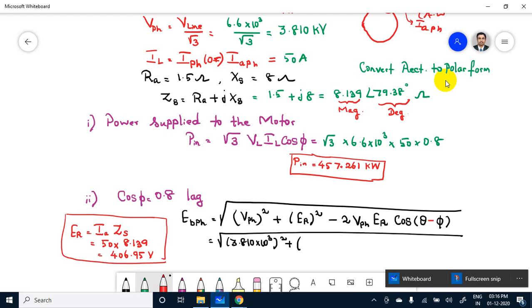Now substitute here: ER, 406.95 whole square, minus 2 into 3.810 into 10 power 3 into 406.95 into cos theta.